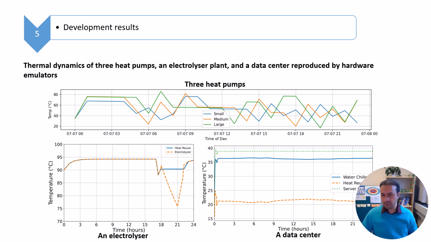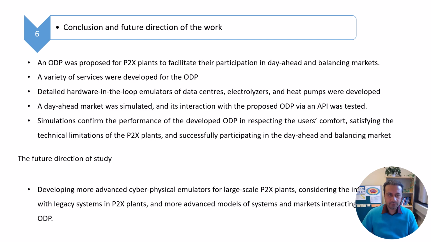And this temperature is what we mean by supplying the heating system. So this outlet heat is used by the heat exchangers or the heat pumps to provide some heating or to supply the heat demand of the buildings or also district heating.